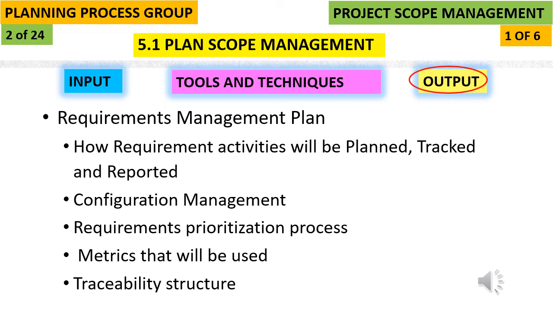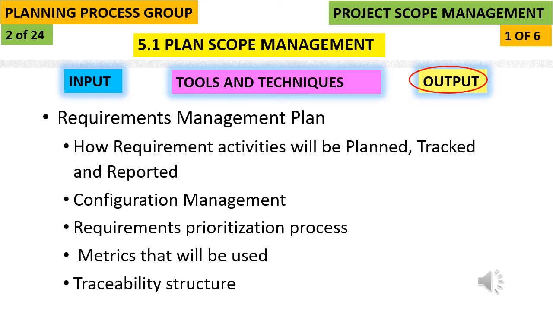So this plan, the requirements management plan, is a part of the project management plan which describes how the project and product requirements will be analyzed, documented, and managed. There is a specific practitioner's guide available from PMI by the name Business Analysis for Practitioners, a practice guide, which can be referred to for this requirements management plan.